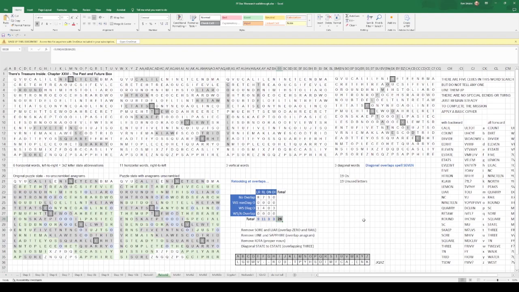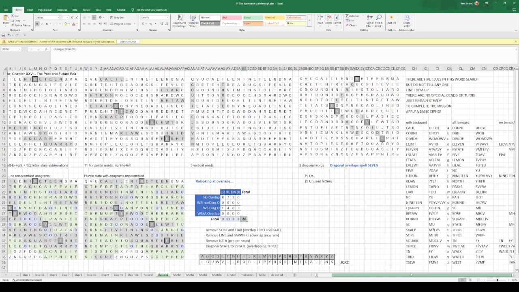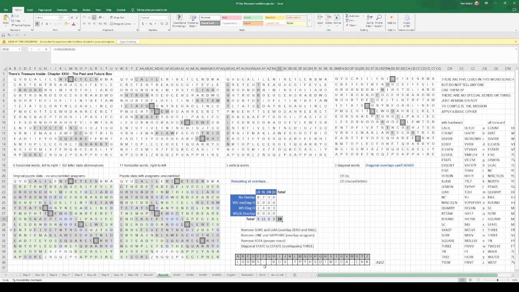So, for example, let's see. Okay, I don't have them listed here, but let's just look down. So 11 is the first word. There are 11 horizontal words left to write.